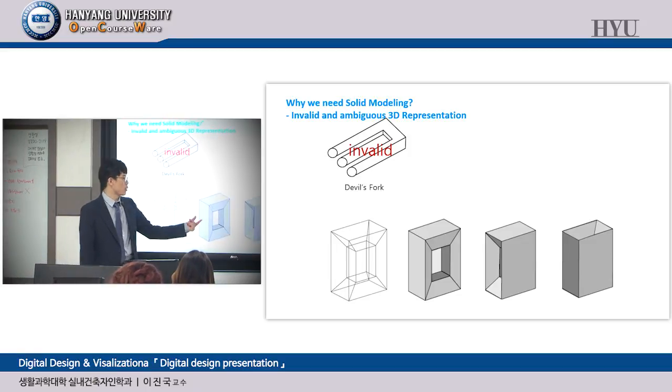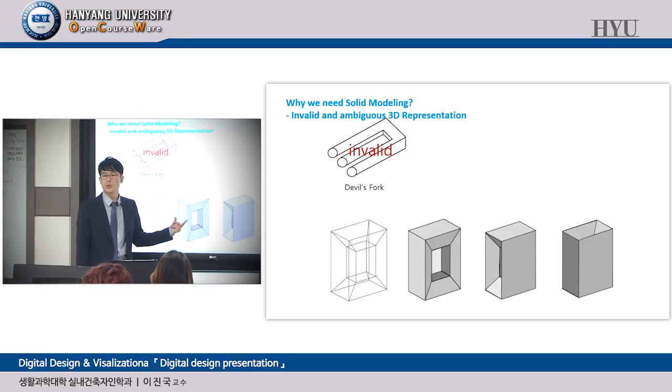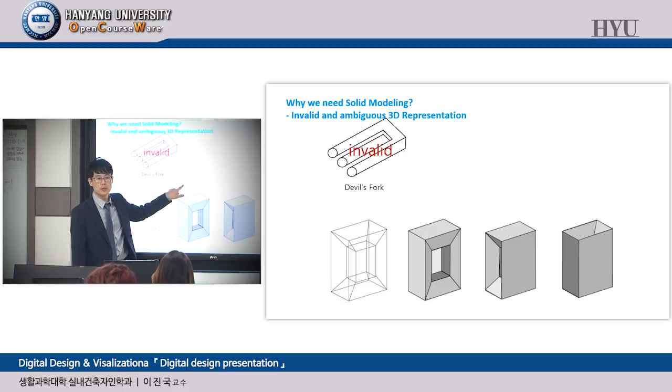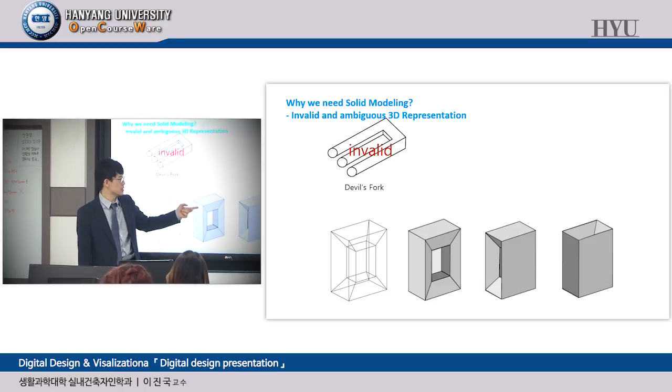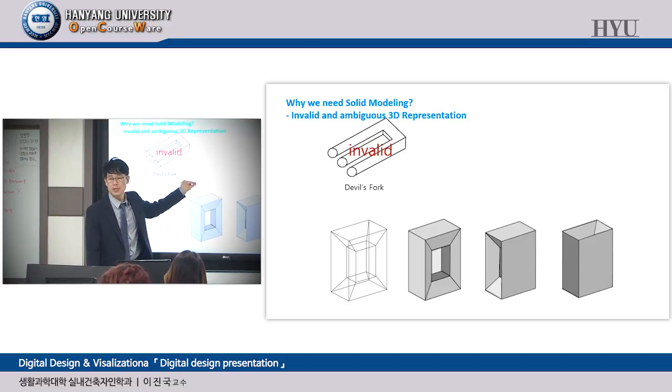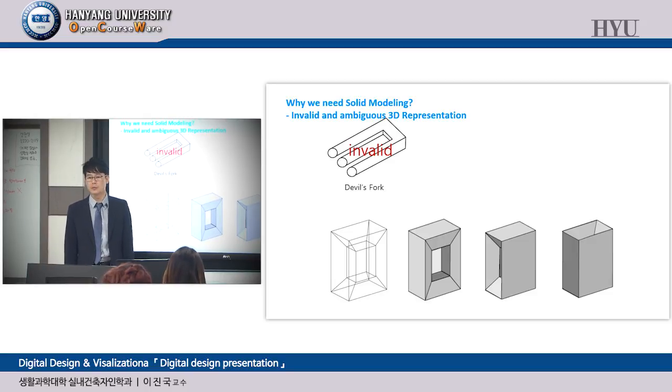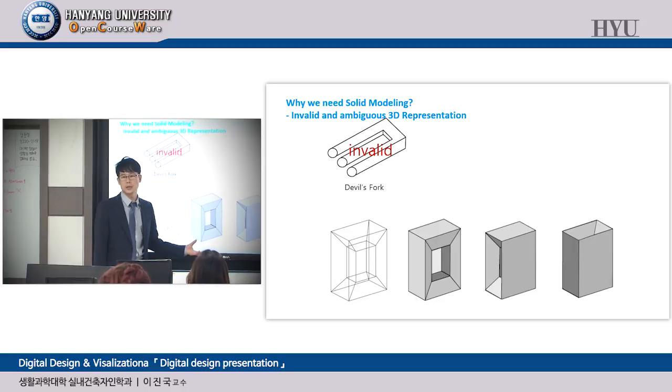So why do we need a solid model? A solid model knows, if you put a point, it can detect whether this point is outside of this product object or inside of the product. Okay, a solid model knows inside and outside, simply because inside is mathematically defined as a solid part.